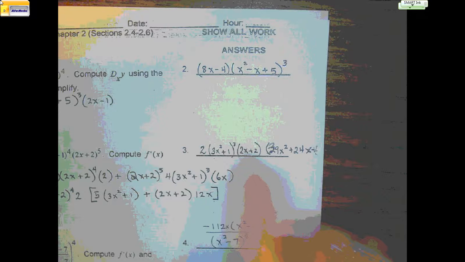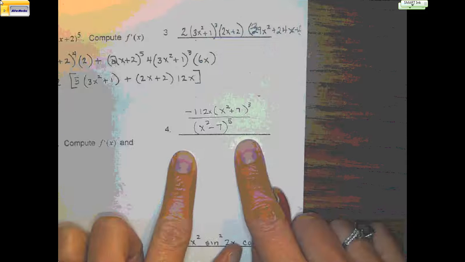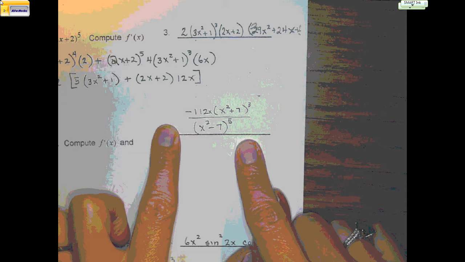So here's the answer number 1. Even though it says number 2, it's number 1. We already did number 2 together, and it's still on the board. Number 3, here's the answer for that one. It says number 4, but it means number 3. Here, I'll just cover that up. There's number 3. I'll zoom in.